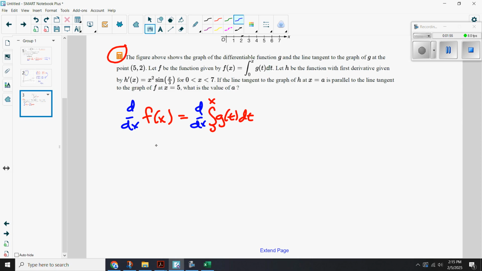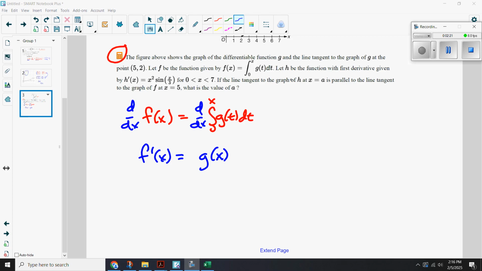The derivative of f of x, I'm going to call f prime of x. But this makes use of the fundamental theorem of calculus part 1, because the derivative of the integral is the function. So f prime of x is equal to g of x, and that is a key piece of information that we're going to need. But let's continue reading the problem.